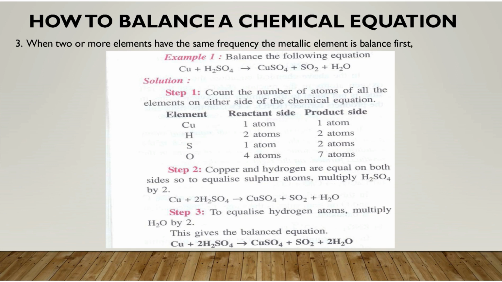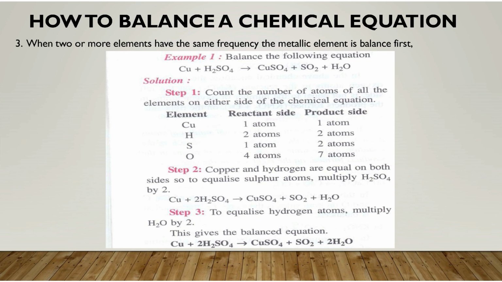The example is copper plus sulfuric acid on the reactant side, and on the product side copper sulfate plus sulfur dioxide plus water. So what is the first step? Step first is to count the number of atoms on both sides.